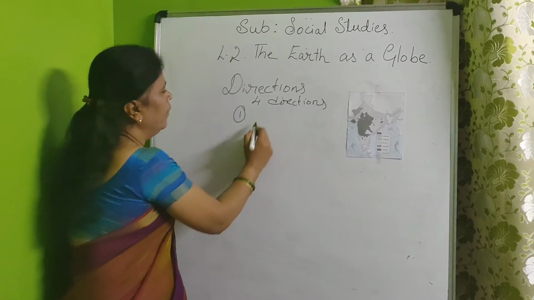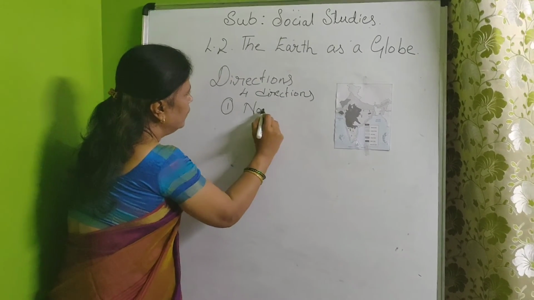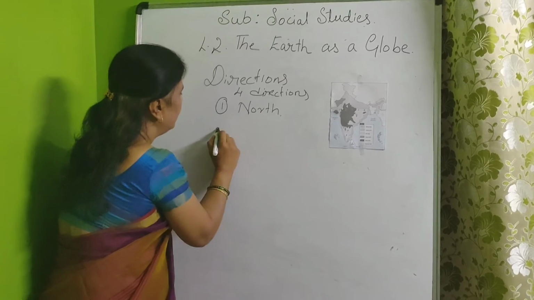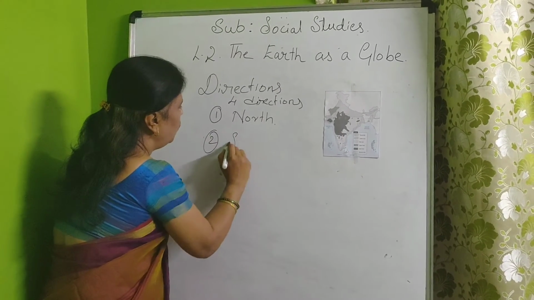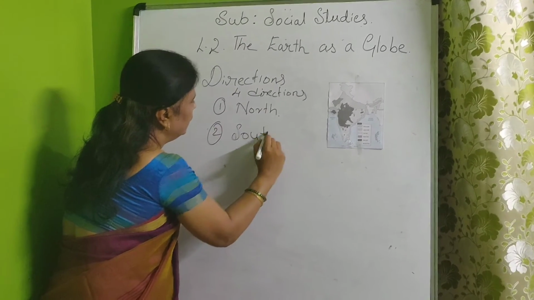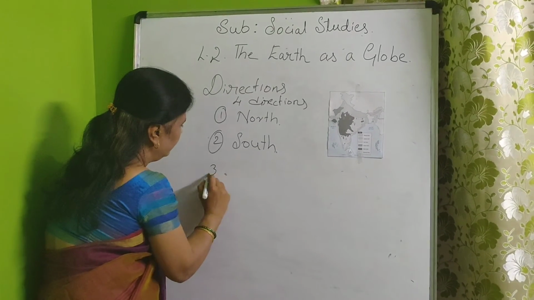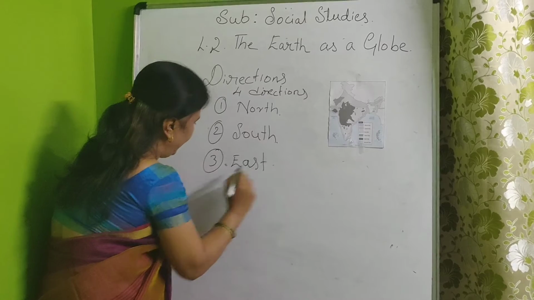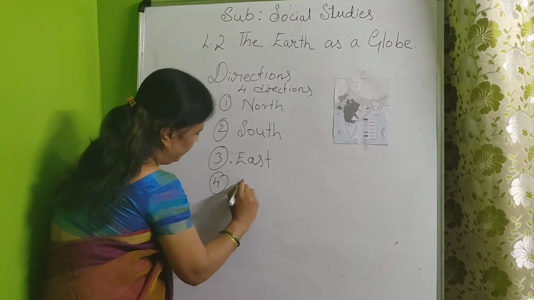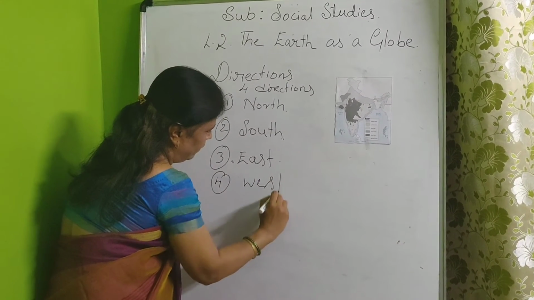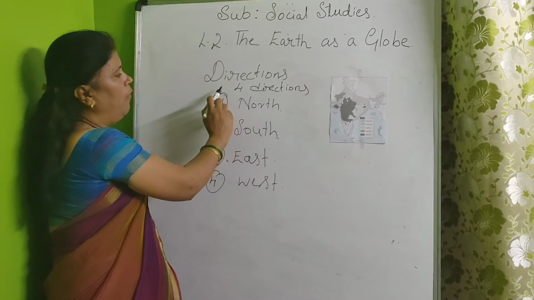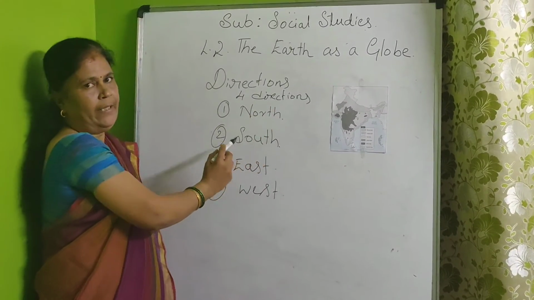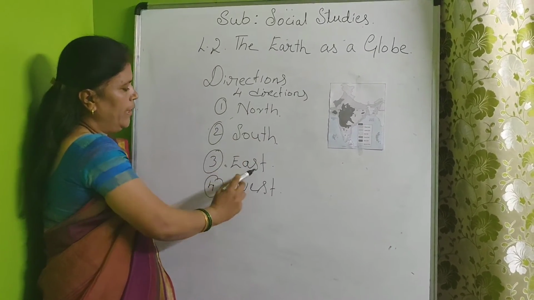They are north, south, east and west. So, 4 directions are there. They are north, south, east and west.